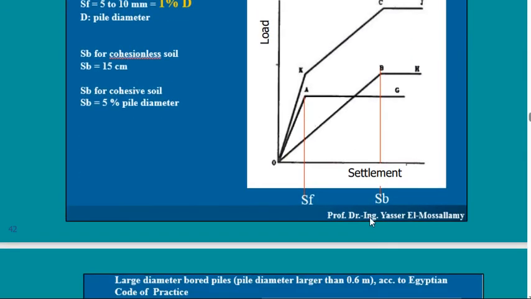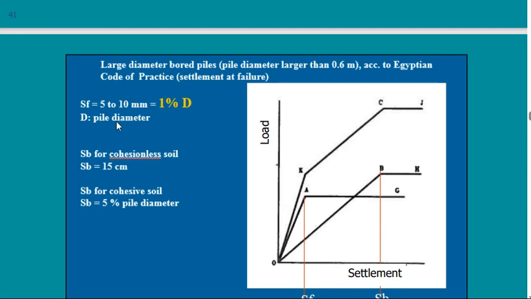This one is the other type. It is used for piles that are larger than 60 centimeters. This is very important. It's a graphical method. How do I use this graphical method? I want to reach this curve. What is this curve? This curve is the loading curve of the pile.